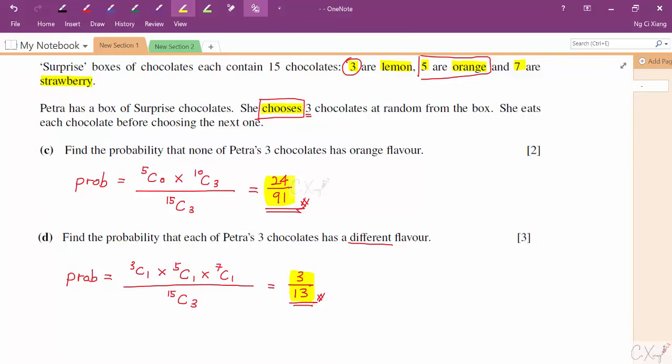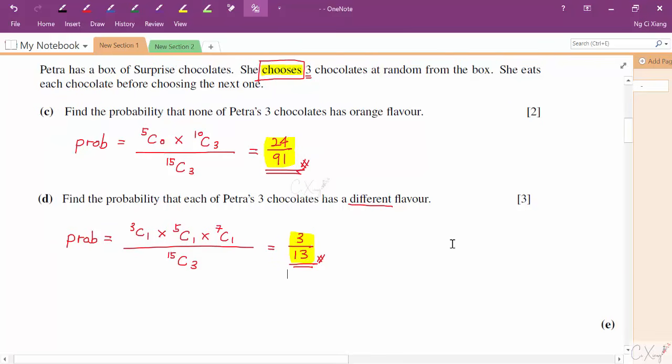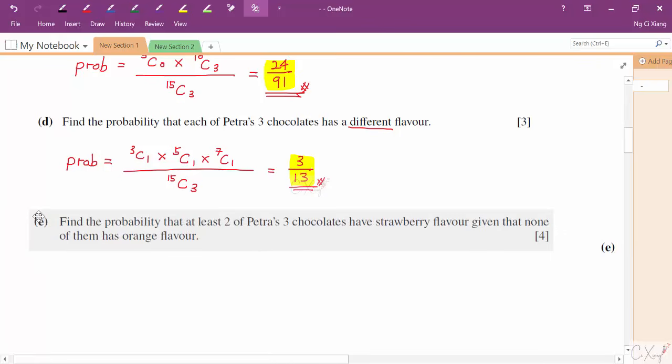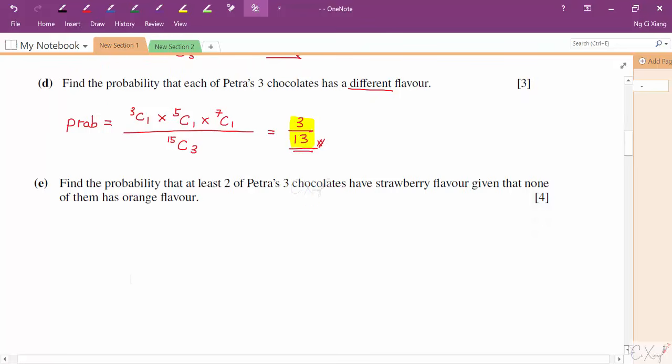Okay, then how about we go to question number 6, part E. For this question, find the probability that at least 2 of Petra's chocolates have strawberry flavor, given that. So highlight the words given that.